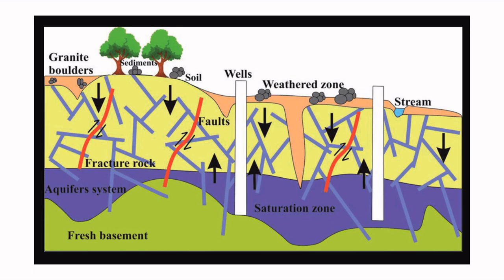Here you see the weathered zone, granite boulders, and the stream, the fractured rocks, the faults, the fresh basement, the aquifer system, the sediments, and the saturation zone. Joints, fractures, and other structural features are the most important for groundwater circulation.